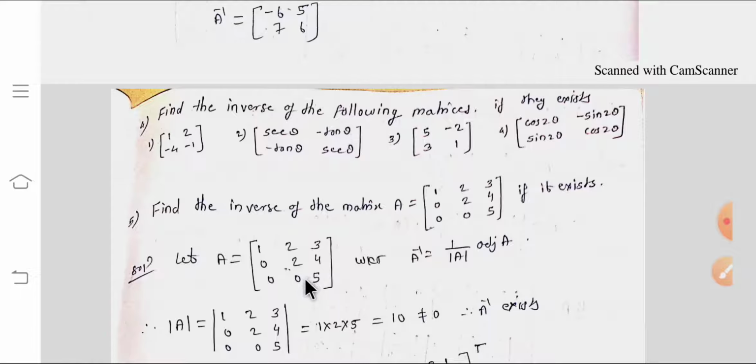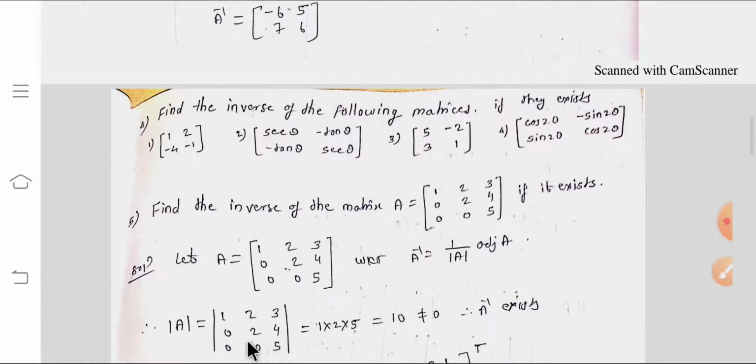We know that the formula of inverse is A inverse equals 1 by determinant of A into adjoint of A. First we find the determinant of A, that is the determinant of [1 2 3; 0 2 4; 0 0 5]. The given matrix is an upper triangular matrix.